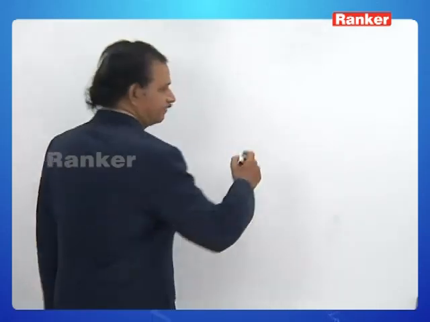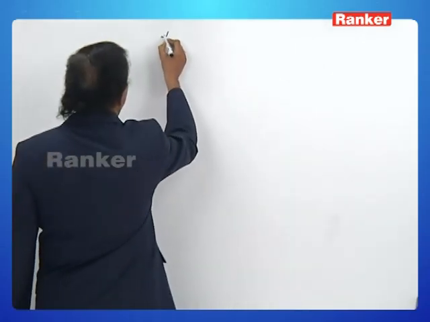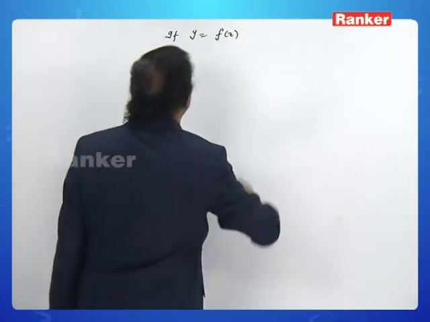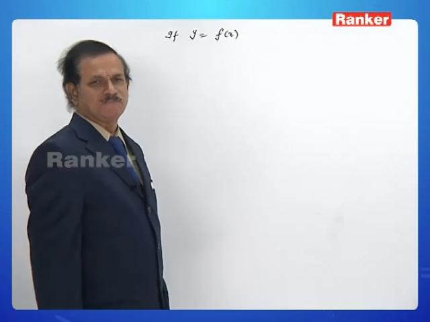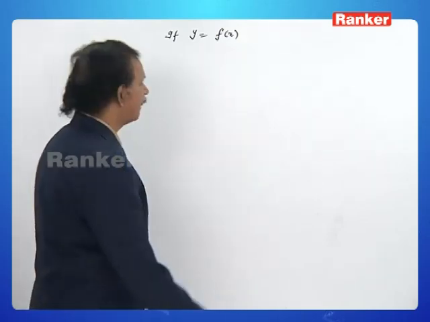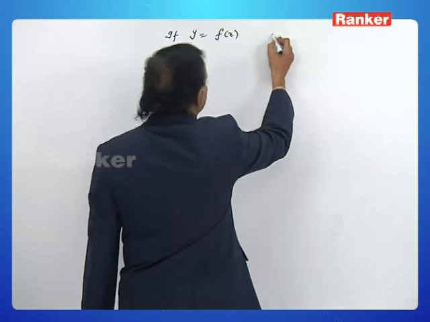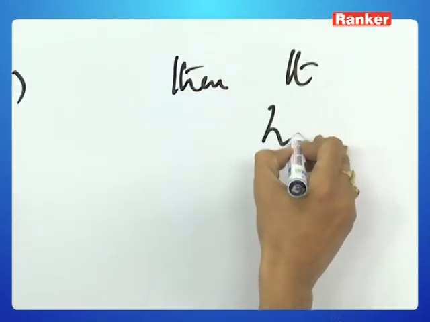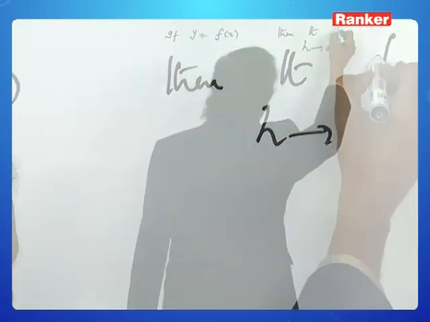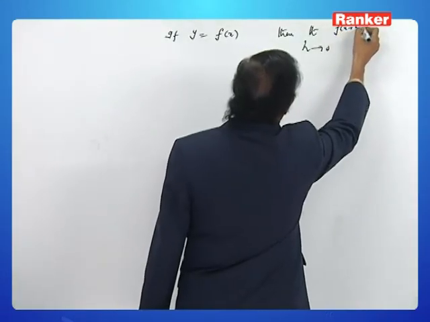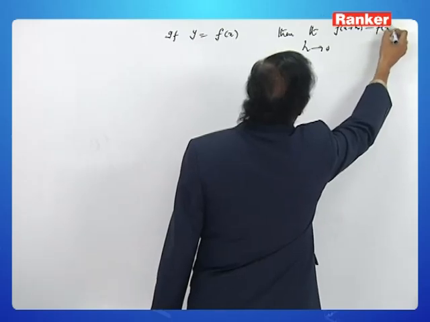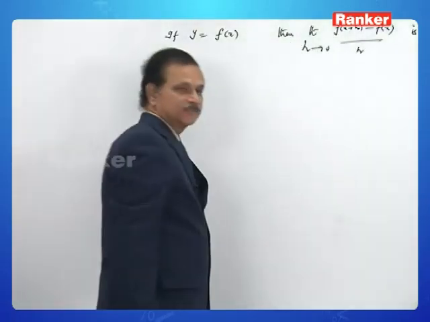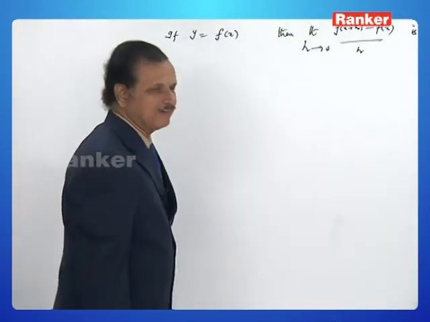In particular, if y is equal to f of x, then the derivative is denoted in any one of the following ways.